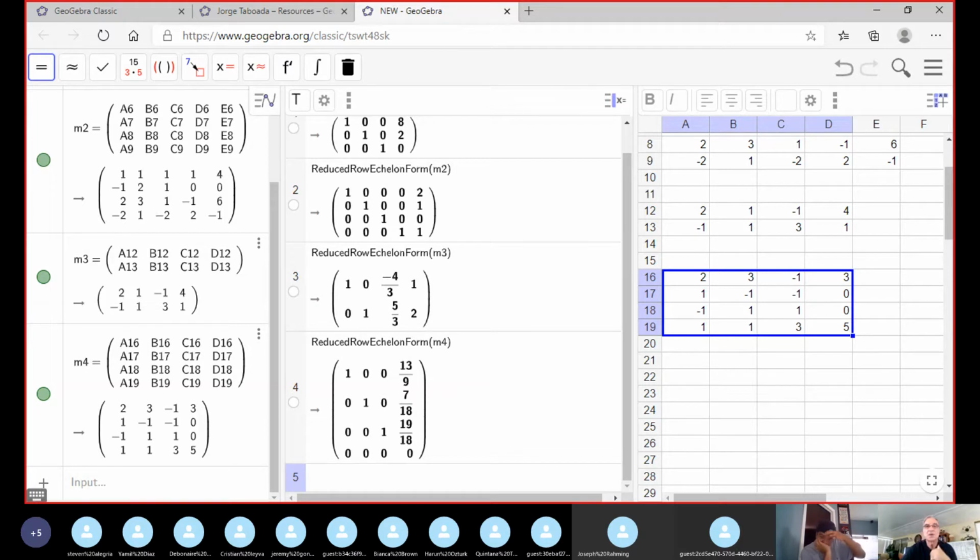End of story. One solution, unique solution. We discover the elimination process magic. Discover that one equation is dependent, and that's it. One solution.